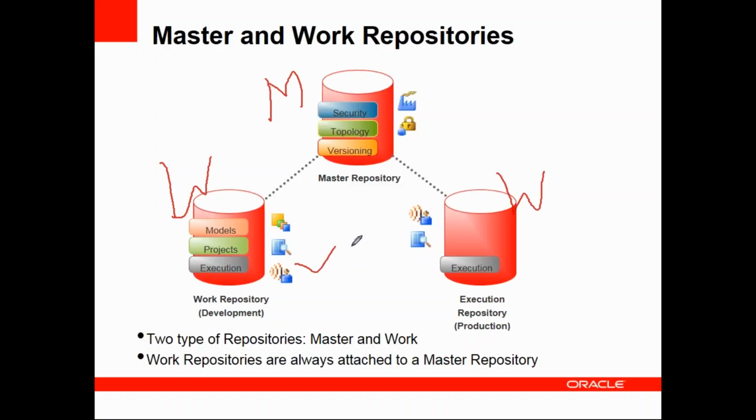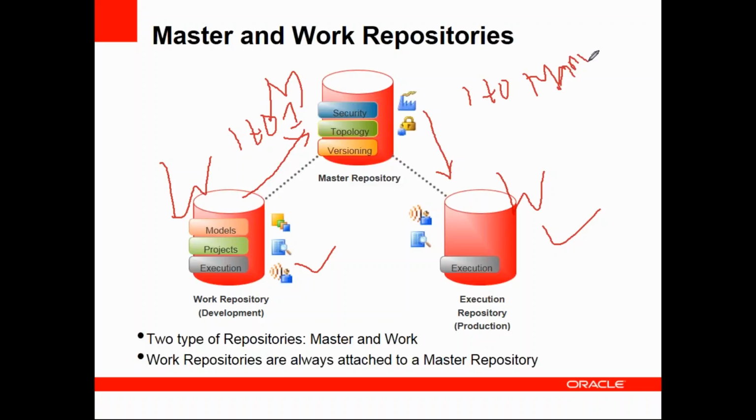This is the development work repository, this is a production work repository. A work repository can connect to only one master repository. Here it is a one-to-one relation. But from master repository to work repository, this should be a one-to-many relation.